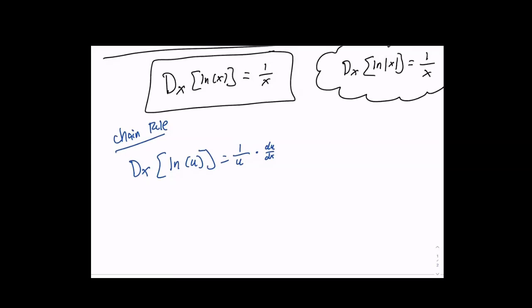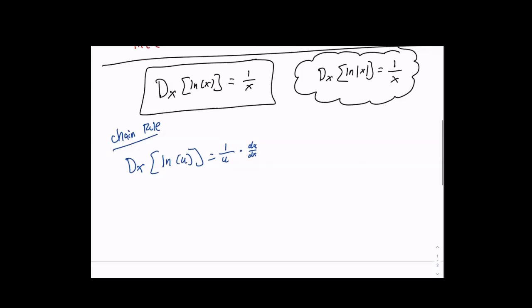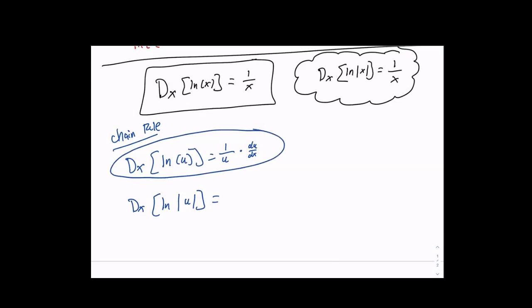But of course, the real one we want to know is the absolute value. So the derivative of the natural log of the absolute value of u is going to be what? Look at the pattern from above. Look at how the relationship worked for the top two. So what's the derivative of the natural log absolute value of u? Would it just be the same thing?